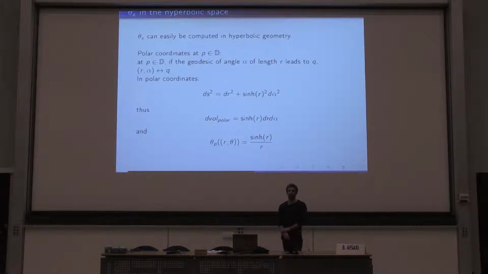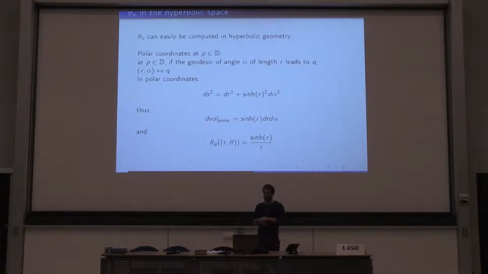In the case of the hyperbolic space, the expression of this volume change is not very difficult to compute. So if we take an expression of the hyperbolic metric in polar coordinates, which is a standard expression, we can find the expression of the volume measure.